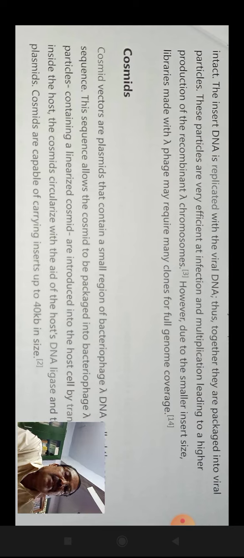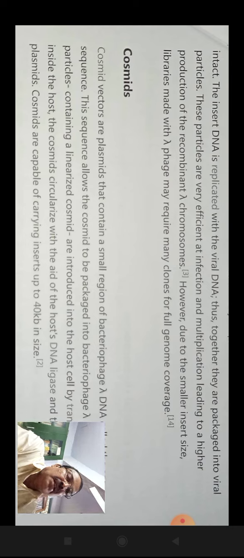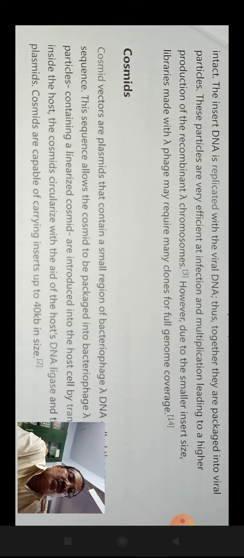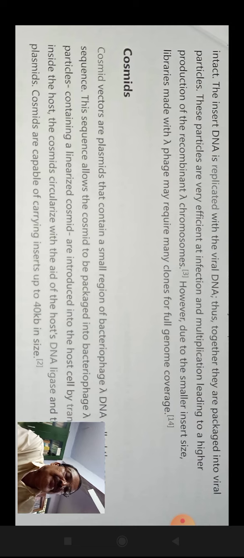These particles are very efficient at infection and multiplication, leading to a higher production of the recombinant lambda chromosomes. However, due to the smaller insert size, libraries made up of lambda phage may require many clones for full genome coverage.